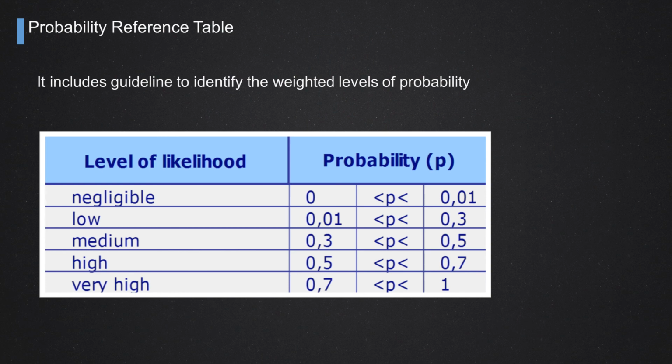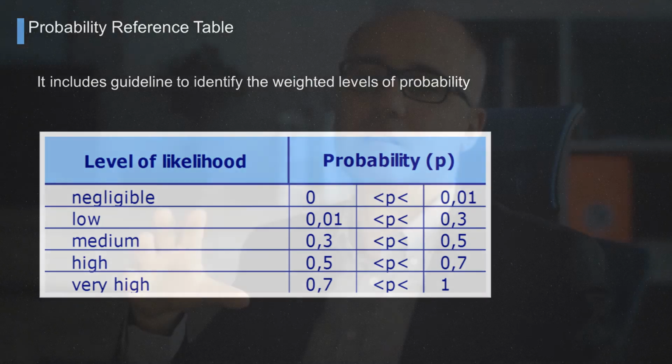These reference tables are ordered in terms of levels, different levels of likelihood, for example negligible, low. I show you some examples of this table. This one is divided into 5 levels: negligible, low, medium, high, and very high. Each level is characterized by a class of probability. So from 0 to 1% is negligible, from 1% to 30% we consider them low.